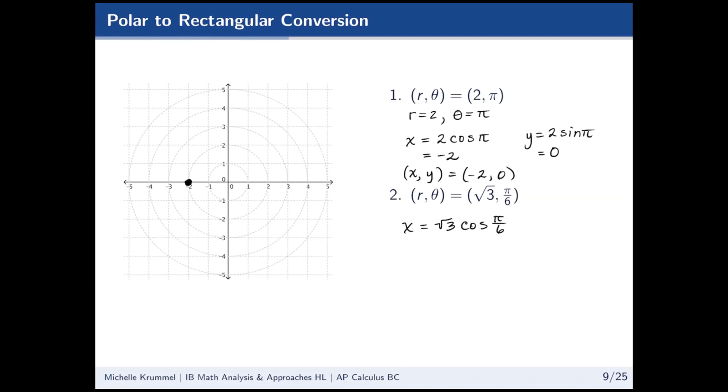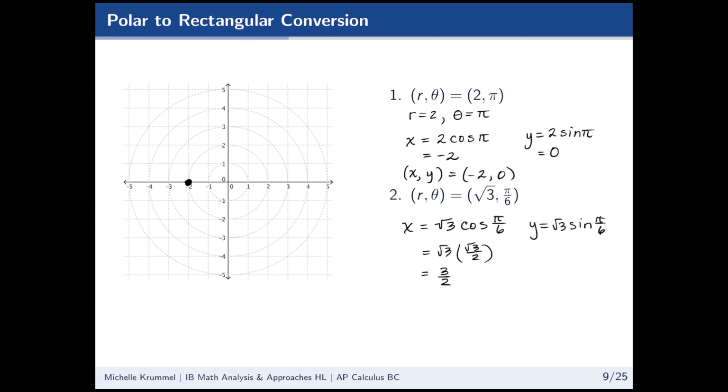The cosine of pi over 6 is √3 over 2. So √3 times √3 over 2 is 3 over 2. And then y equals r, which is √3, times the sine of pi over 6.